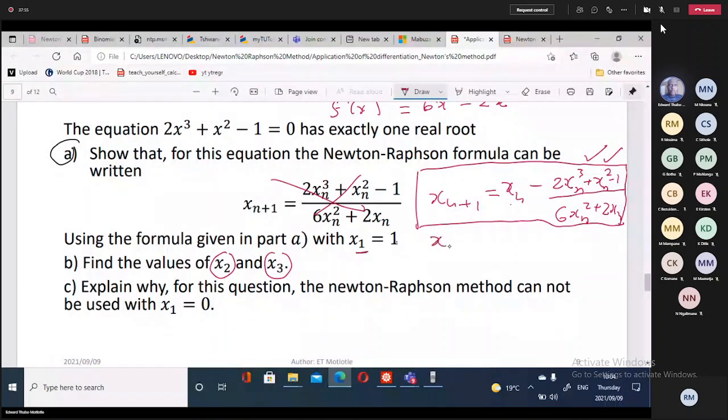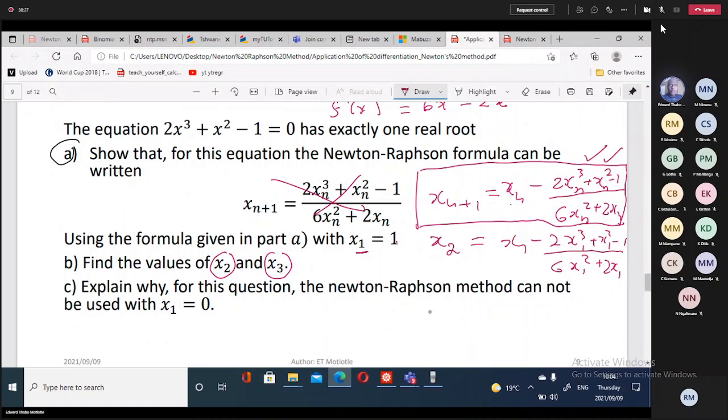So x2 equals x1 minus 2x1 to the power 3 plus x1 squared minus 1, all over 6x1 squared plus 2x1. Now you can substitute this x1 here, you get a value. Immediately after that, you use your answer there.